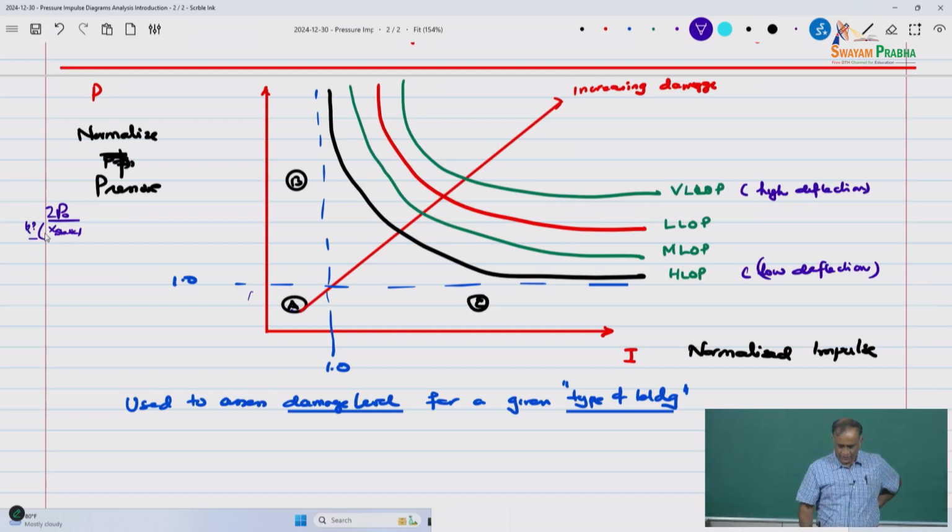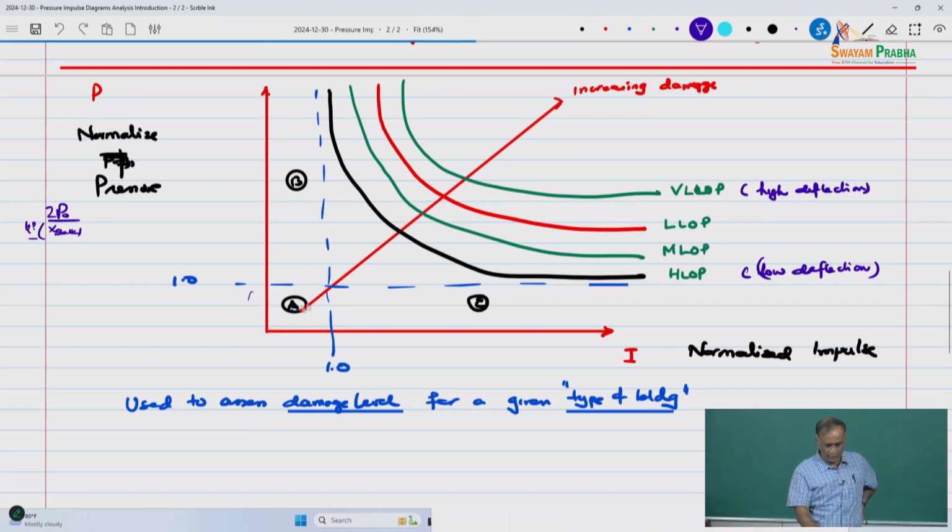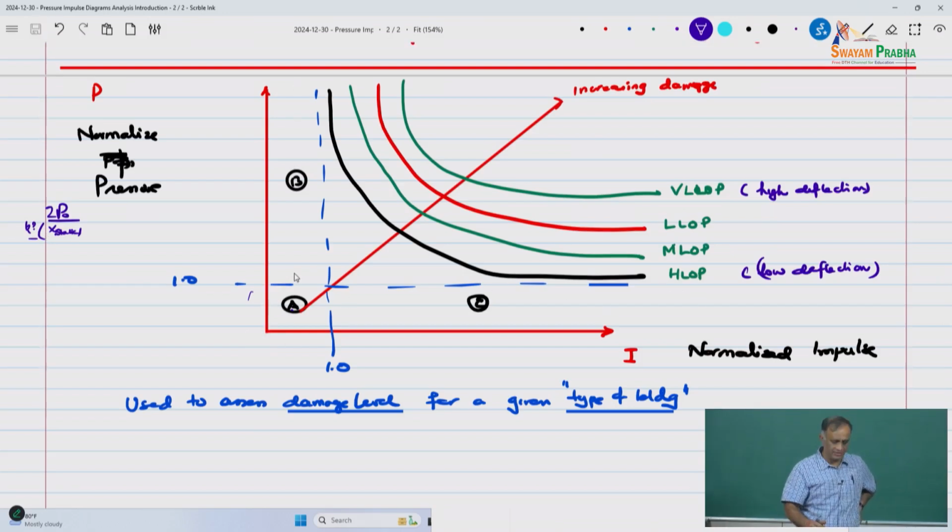Region C tells you that you may increase your impulse as much as you want. If the pressure is fairly low, then there is no damage. The other way, region B, is you can increase your pressure, but if the impulse keeps getting lower and lower, there is no damage.